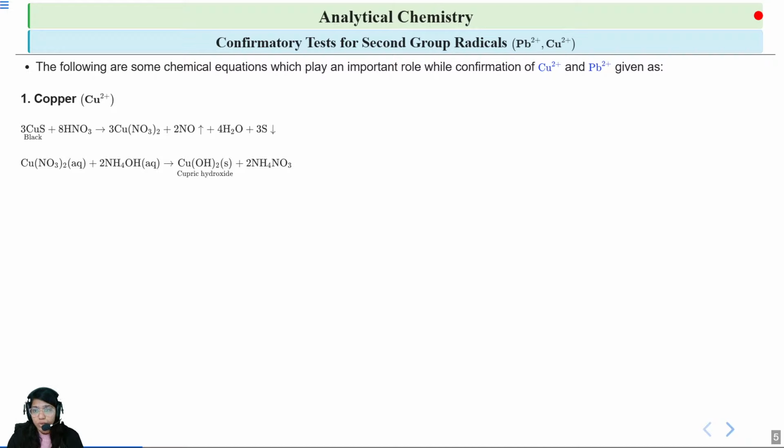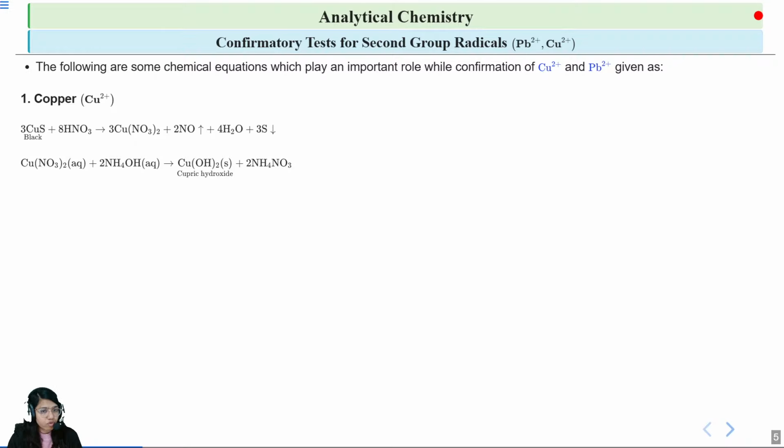Then copper 2 nitrate reacts with ammonium hydroxide to form cupric hydroxide. So the copper nitrate, which is formed in the above equation, further reacts with ammonium hydroxide NH4OH to form cupric hydroxide, which is a blue precipitate, and ammonium nitrate.